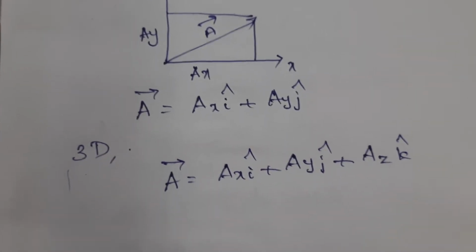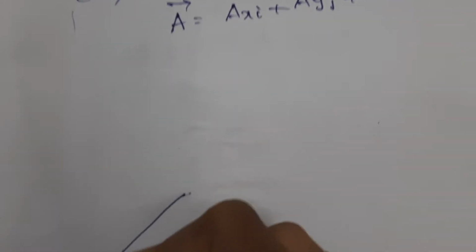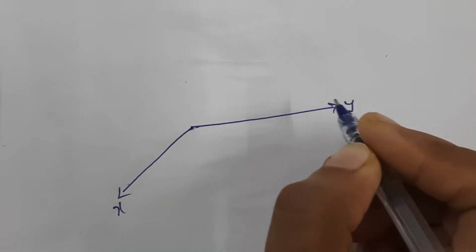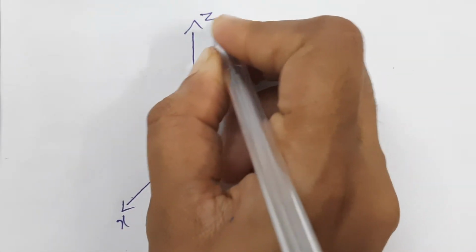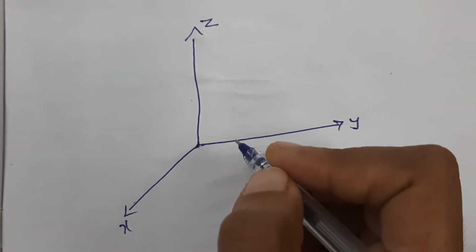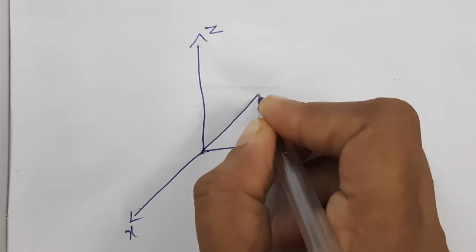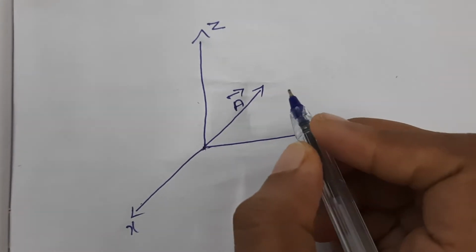See this figure. So this is the x-axis, this is the y-axis, and this is the z-axis. This is a three-dimensional Cartesian coordinate system. So the A vector can be resolved into three components.